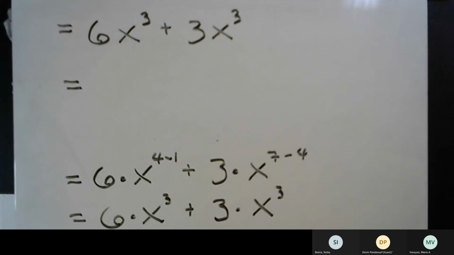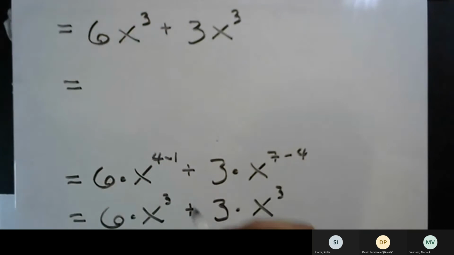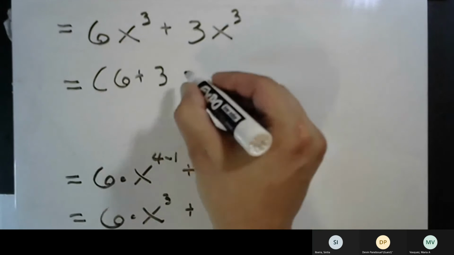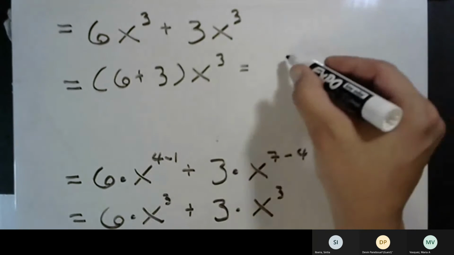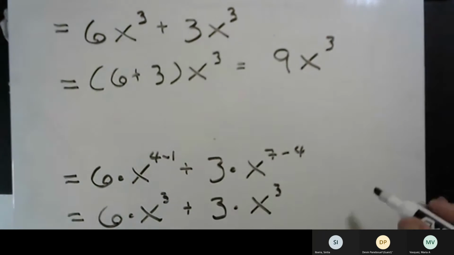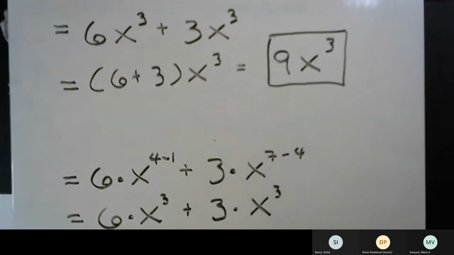And so now we combine like terms. We have 6 x cubes. We have 3 more of them. So that's going to get us 6 plus 3 x cubes, or 9 x cubes. So any questions about that?